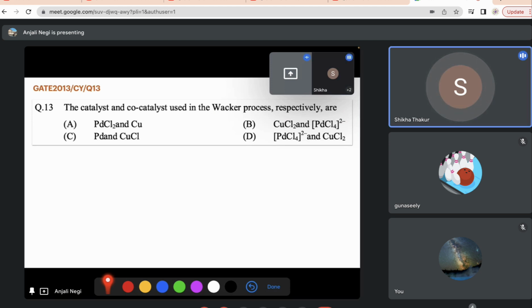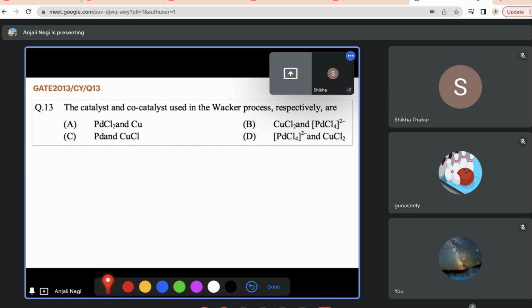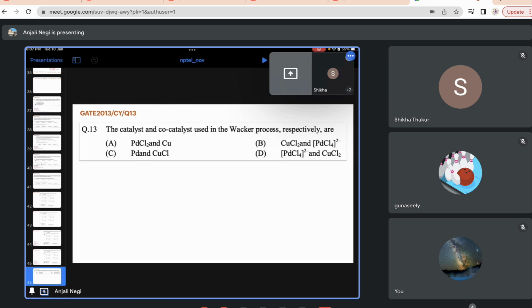Ma'am, the slide is not visible. Is this the same case for Gunasli too? Because I can see my slides on my other computer. I am sharing my screen. Can you see that? No, ma'am.